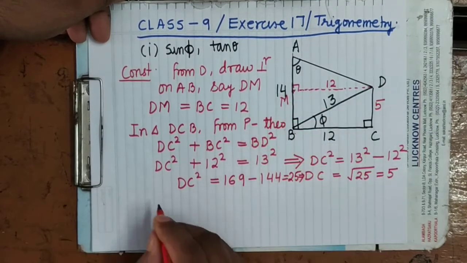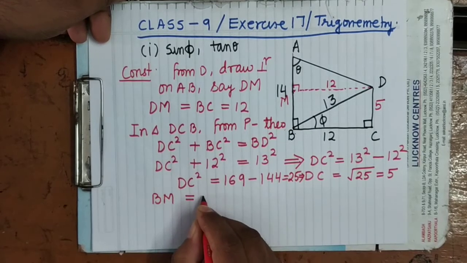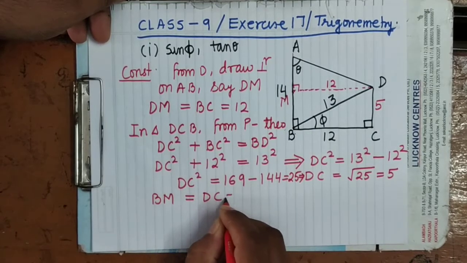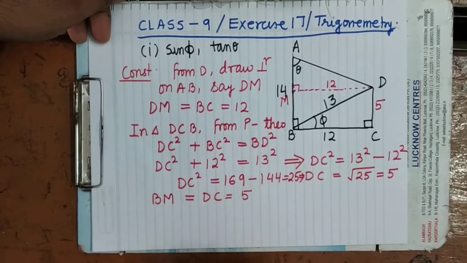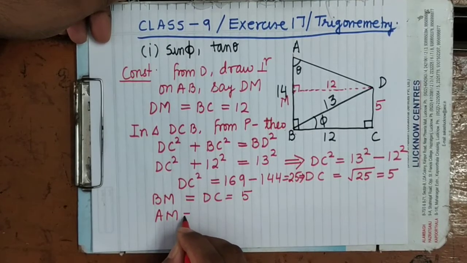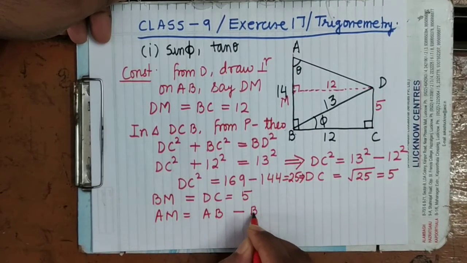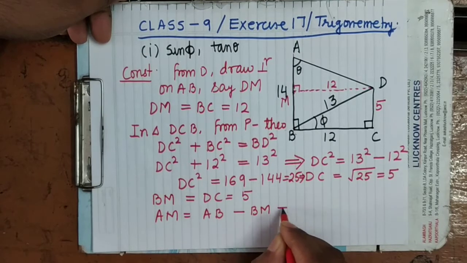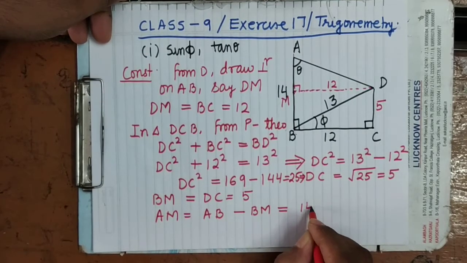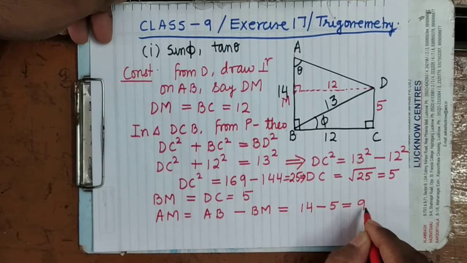Therefore, what will be BM? BM will also be equal to DC, which equals 5. Therefore, what is AM? You can see in the diagram, AM equals AB minus BM. AB is 14, BM is 5, so it is equal to 9.